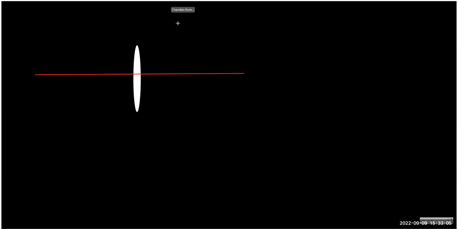And which magnification are we talking about? Either you call it linear magnification or you call it transverse magnification.